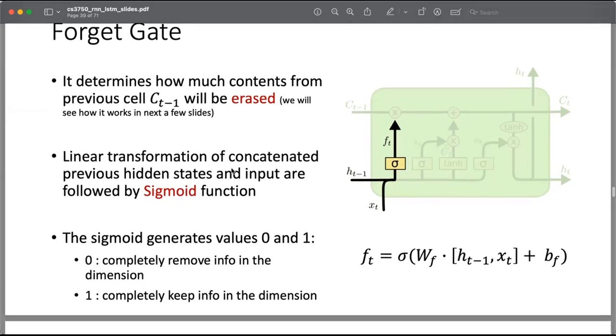It's a linear transformation of the concatenated previous hidden state and input. If the value here is below a certain threshold, it generates 0, and if it's above a certain threshold, it generates 1. So you can see that you have a bias parameter to train, and you have the weights here, which link the previous output from the previous layer, and then you have the input layer here, and then the weights which are trained.